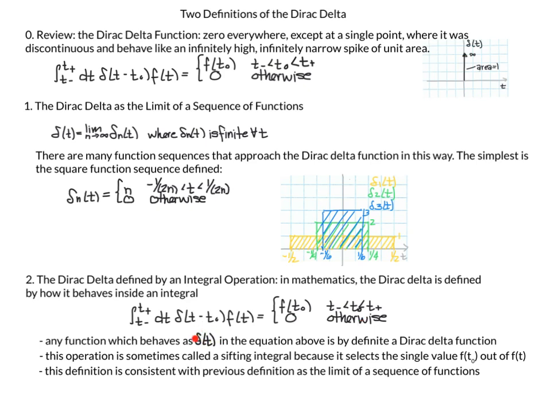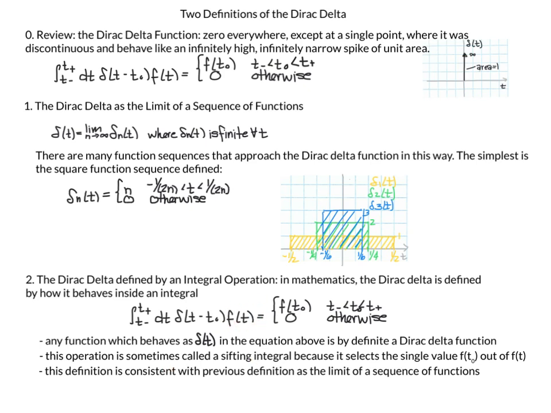So any function with this type of behavior is a Dirac delta function. This operation is sometimes called a sifting integral because it selects the single value, f of t0, out of your general function f of t.